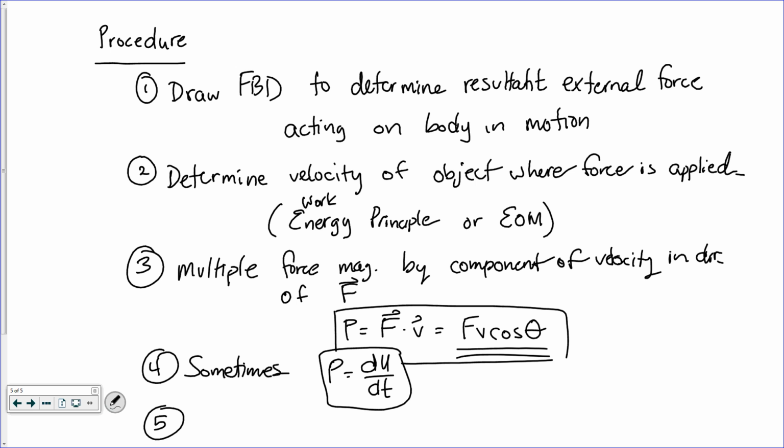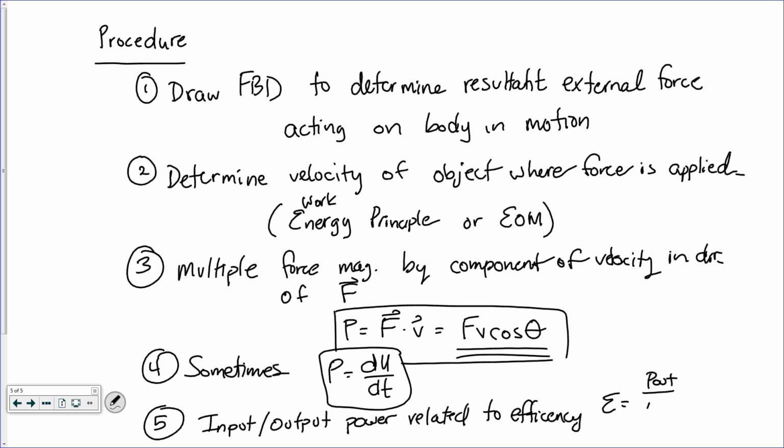And then step 5, input, output, power related to efficiency. P out over P in, okay? So maybe they give you the power, you solve for the power out, but they also give you the efficiency of the system.